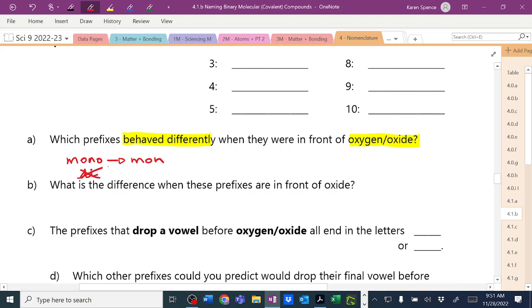So di does not. How about tri? Does tri change in front of oxygen? No. Tetra? Tetra becomes tetra. How about penta? Yes, it becomes pent. Hexa becomes hex.